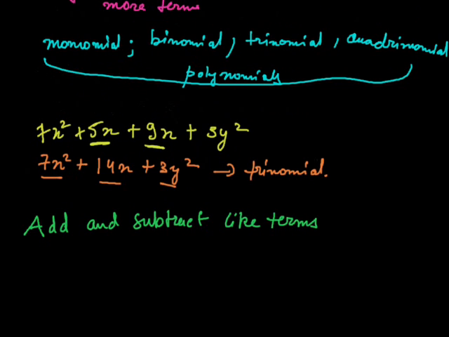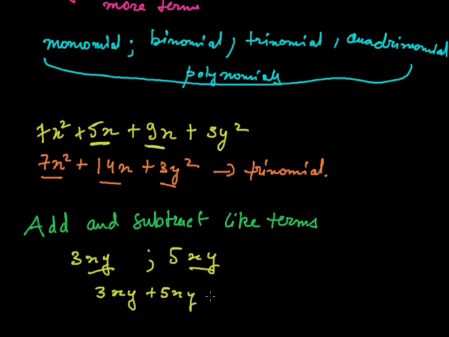So let us see how to do this. We are having a term 3xy and 5xy. These two are like terms since the algebraic part of both these are same. So first we have to add these terms, that is 3xy plus 5xy.